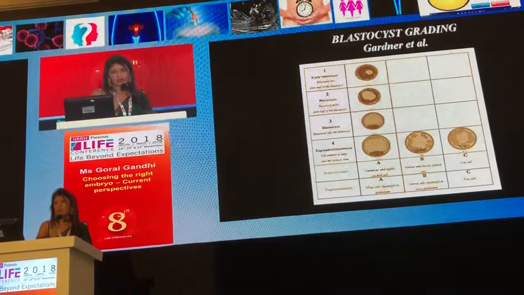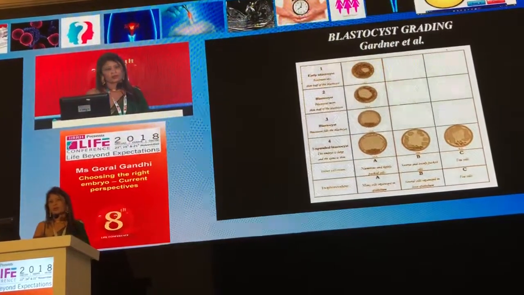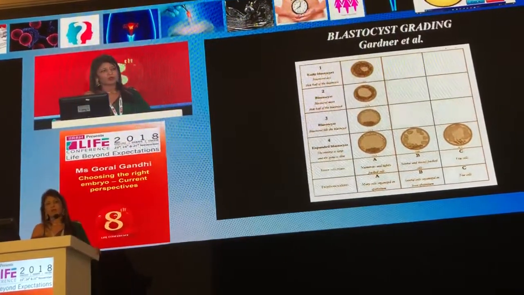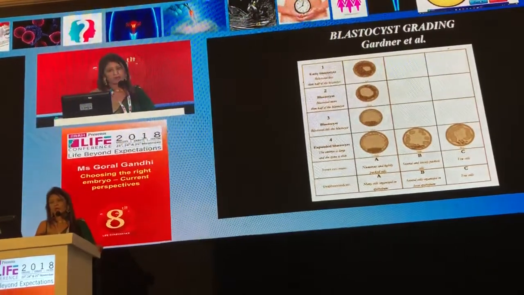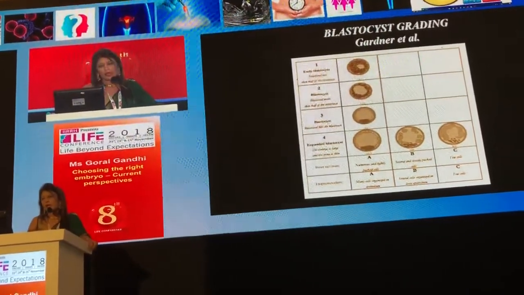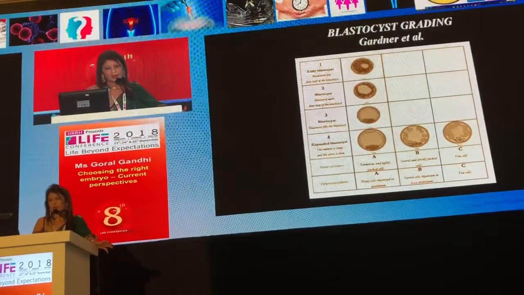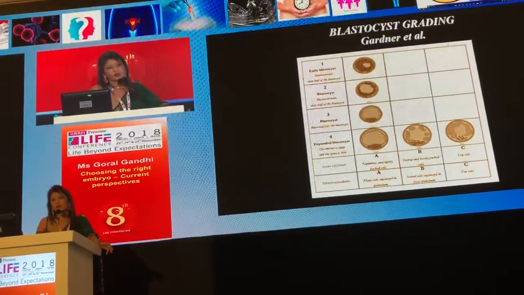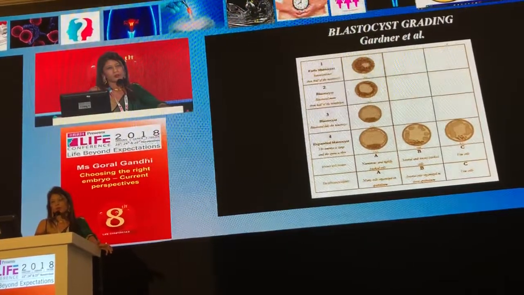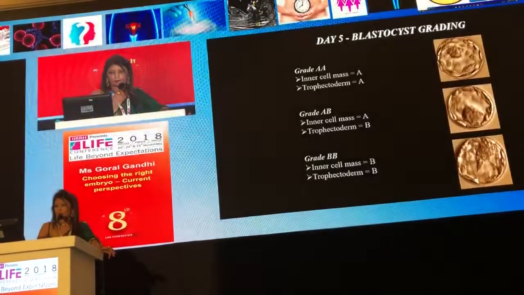Then we have blastocyst grading. We do extended culture in the laboratory to allow for natural selection of embryos, and we develop them up to blastocyst. In the blastocyst, we look for 3 things: the expansion of the blastocyst, the morphology of the inner cell mass, and the morphology of the trophectoderm.